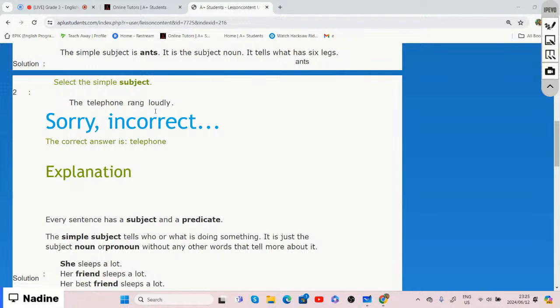So we need to select the simple subject. It says the telephone rang loudly. Who is doing something or what is doing something within the sentence?